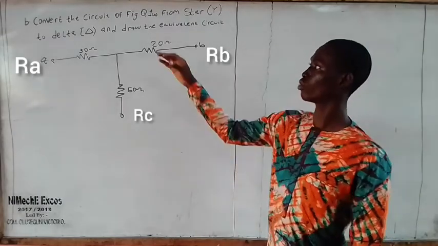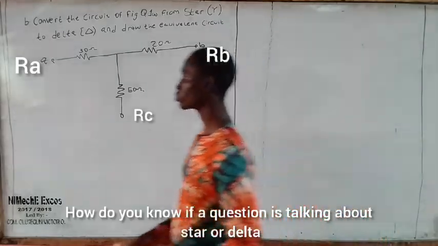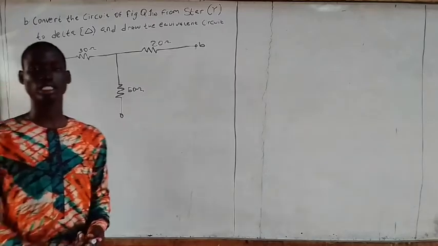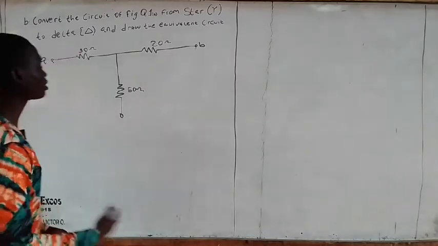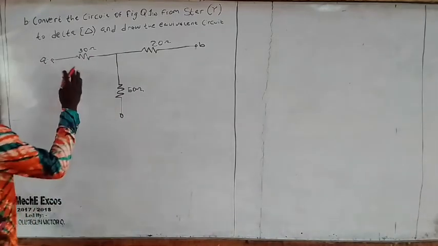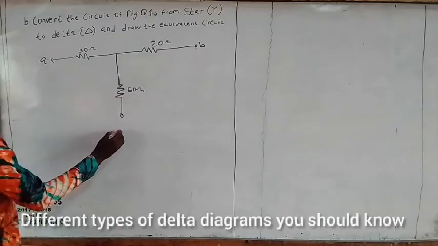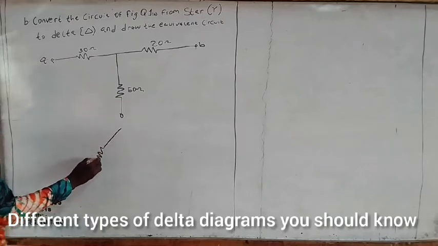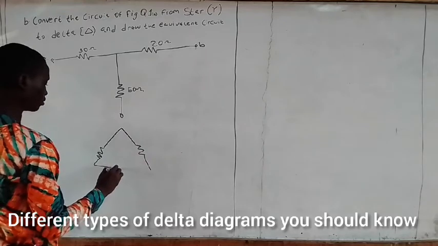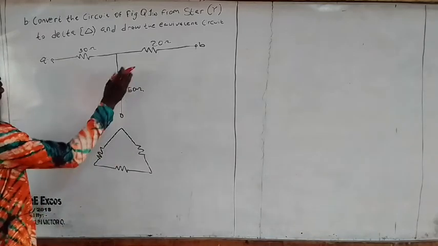And we're going to be solving how we can convert star to delta. First of all, how do you know if this question is talking about star to delta, or how do you know that it is talking about delta to star? For instance, I'd like you to notice that if we have something exactly like this, we call this delta, we call this star.